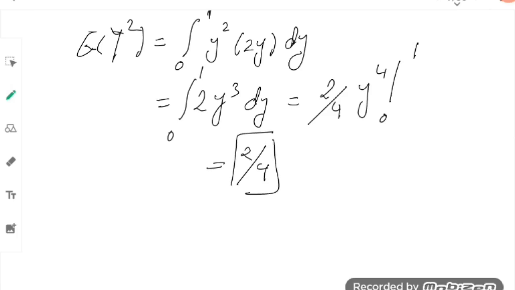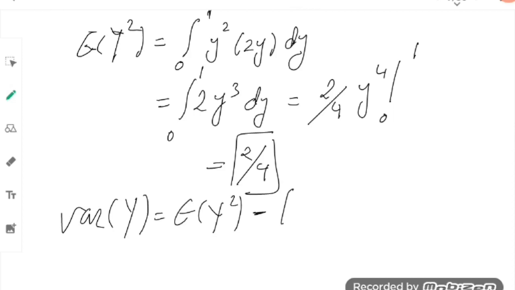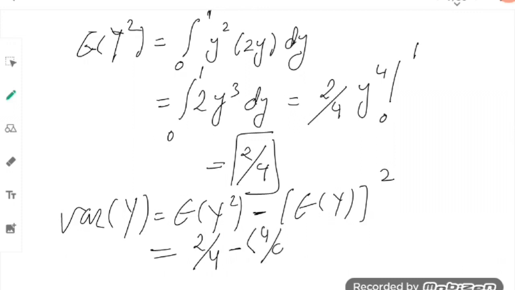Then we'll substitute in the formula of the variance, which is the expected value of y to the power 2 minus the squared value of the expected value of y. I'm sorry, not the square value, I mean the squared value. So we'll have here 2 divided by 3, which is 4 divided by 9.